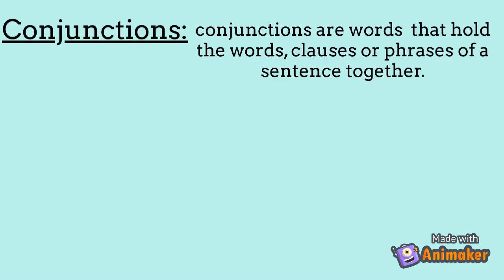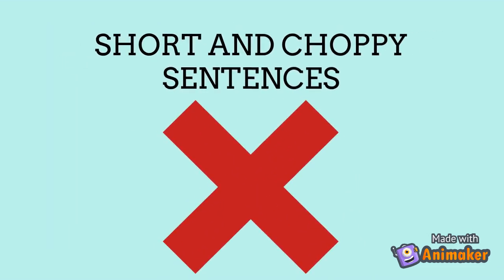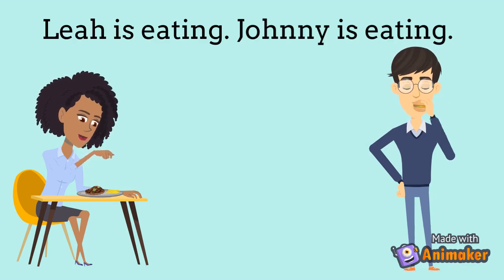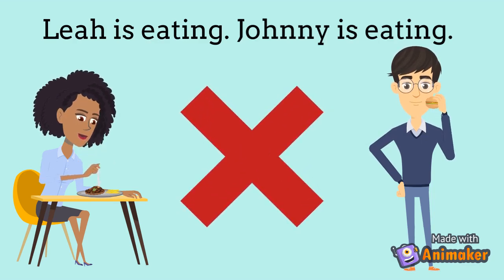Moving on to conjunctions. A conjunction is a word that links the words, clauses, or phrases of a sentence together. Some examples are and, because, or so. They help us avoid short and choppy sentences. Now let's take a look at these sentences. Leah is eating. Johnny is eating. These sentences are too short and unattractive.